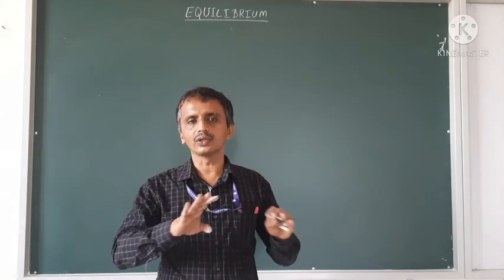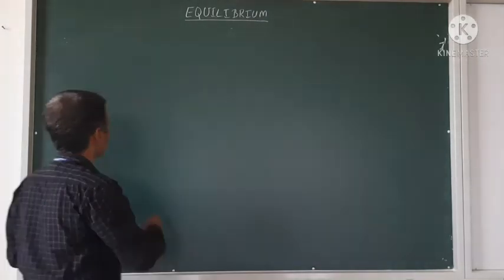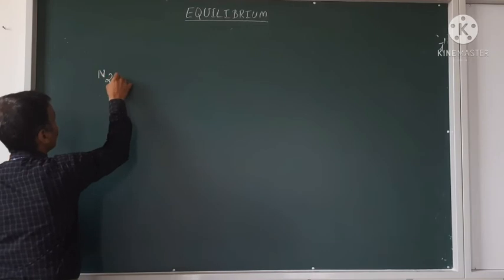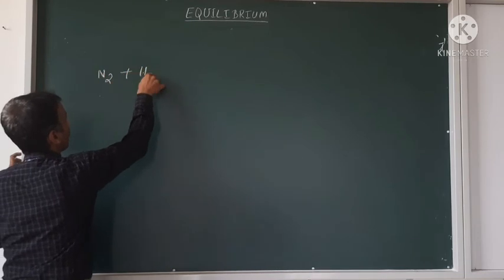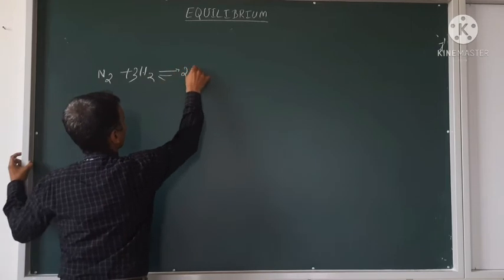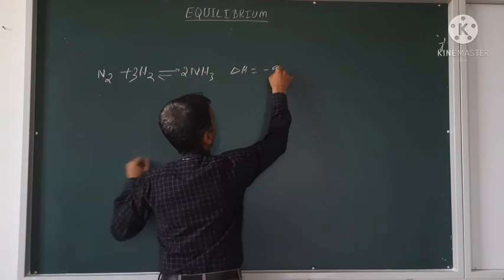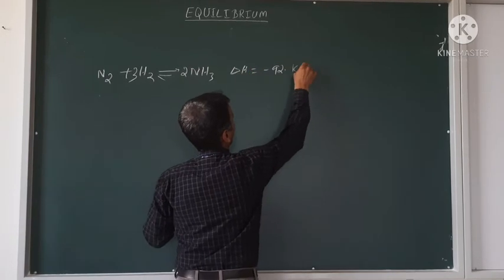Meaning a catalyst will not affect the equilibrium. So here, N2 plus 3H2 giving 2NH3, delta H is equal to minus 92 kilojoules per mole.